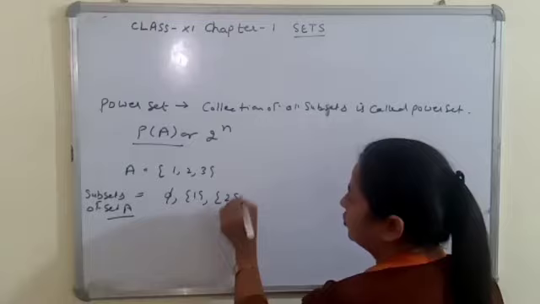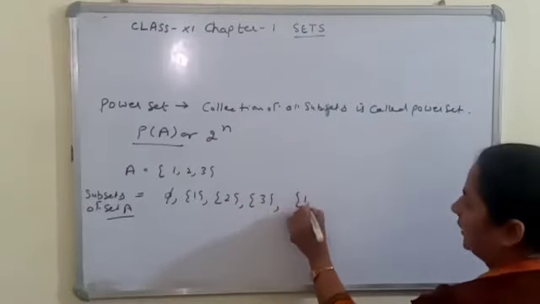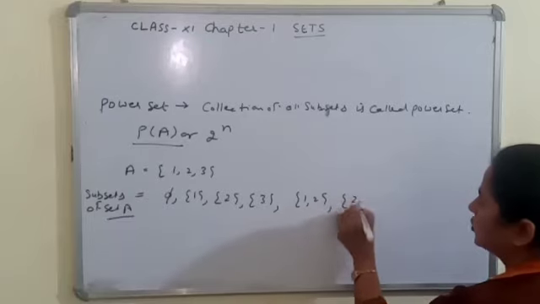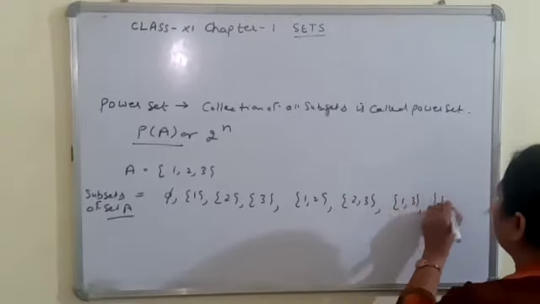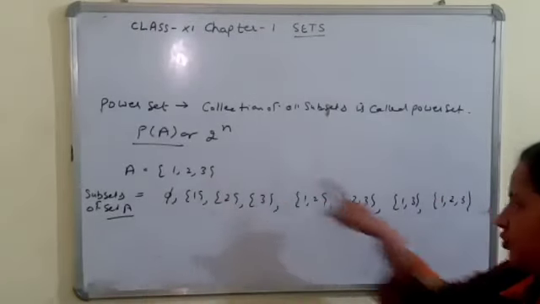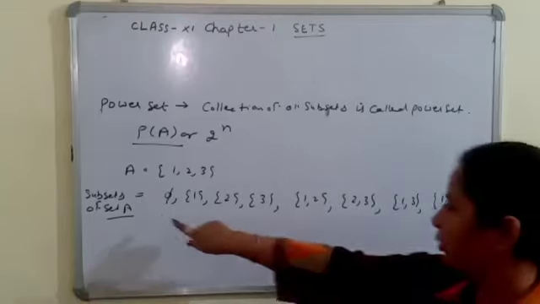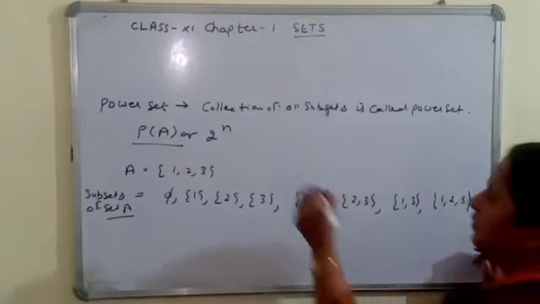Third one is {2}. Next is {3}. Now {1, 2}, {2, 3}, {1, 3}, and {1, 2, 3}, because every set is a subset of itself. Here you can count the number of subsets. These are 1, 2, 3, 4, 5, 6, 7, 8.